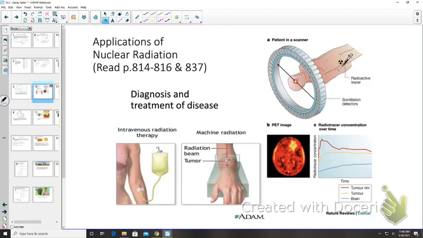So let's get into some applications of nuclear radiation. So you guys are probably most familiar with chemotherapy, right? This is where a patient will essentially be bombarded with radiation in attempts to kill the cancer cells.